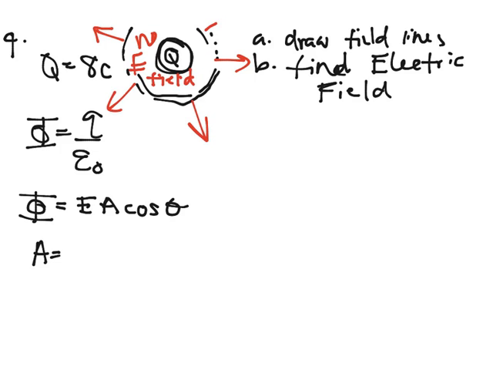Some things to know: the area of a sphere is 4 pi r squared, and the angle for it is 360 because it's a full sphere everywhere. Alright, so if you haven't yet tried it, please try it. Otherwise, follow along.